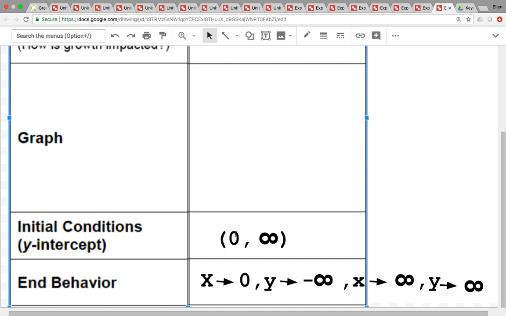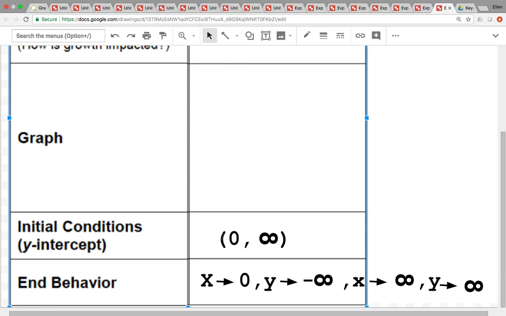It goes from 0 to positive infinity, and notice I have a parentheses here, and the reason why I have that parentheses is because you have an asymptote at x equals 0. Sorry, I misspoke before.